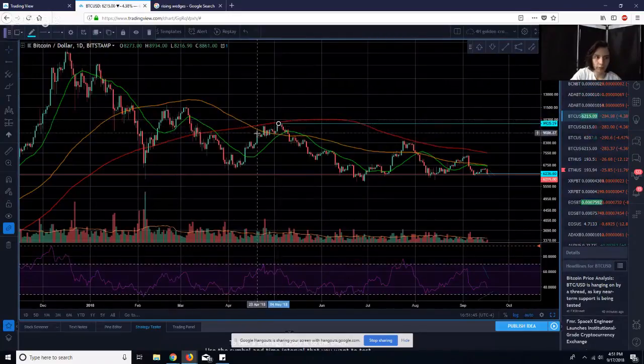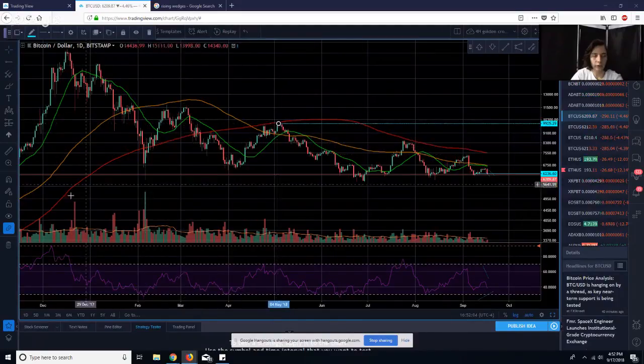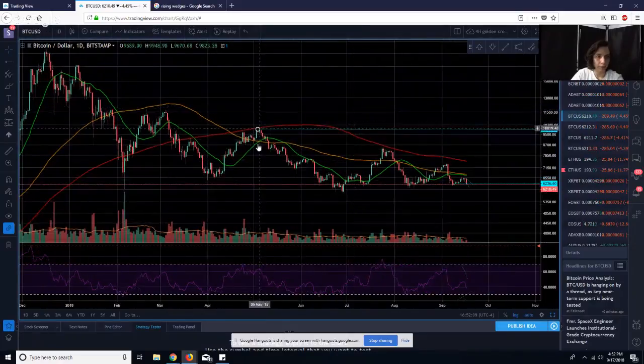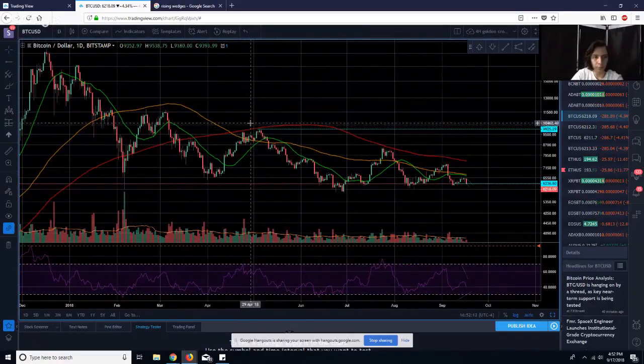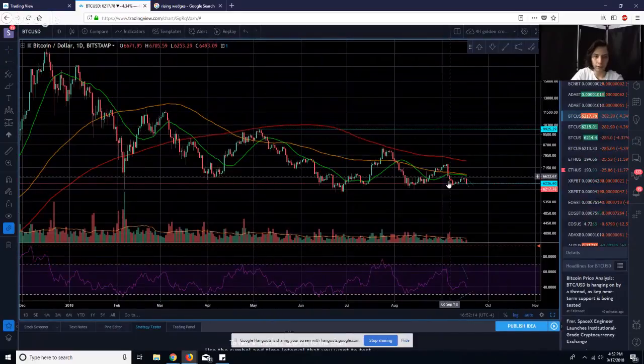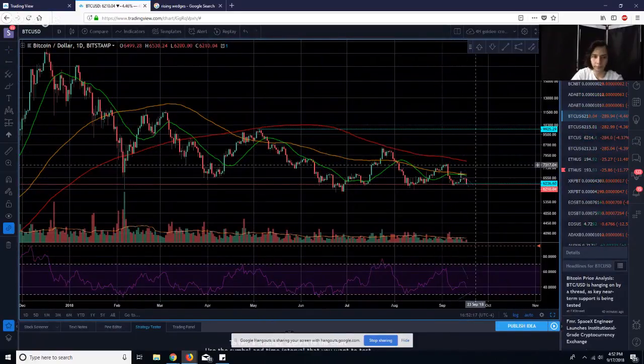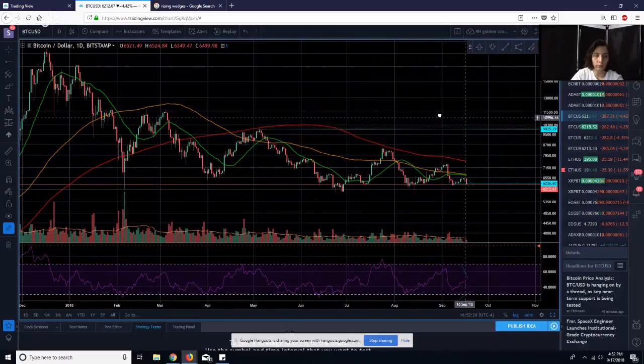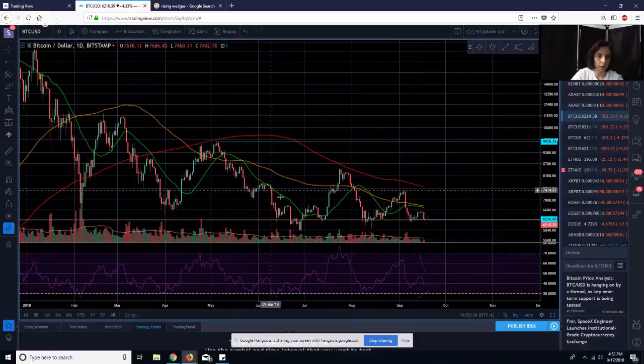When we made it to almost 10,000 last time, we got rejected by the 200-day moving average. That was a very key point. So I think that if we go above this point, it'll mean that we've gone above the moving averages, as well as we would have already started a new uptrend.